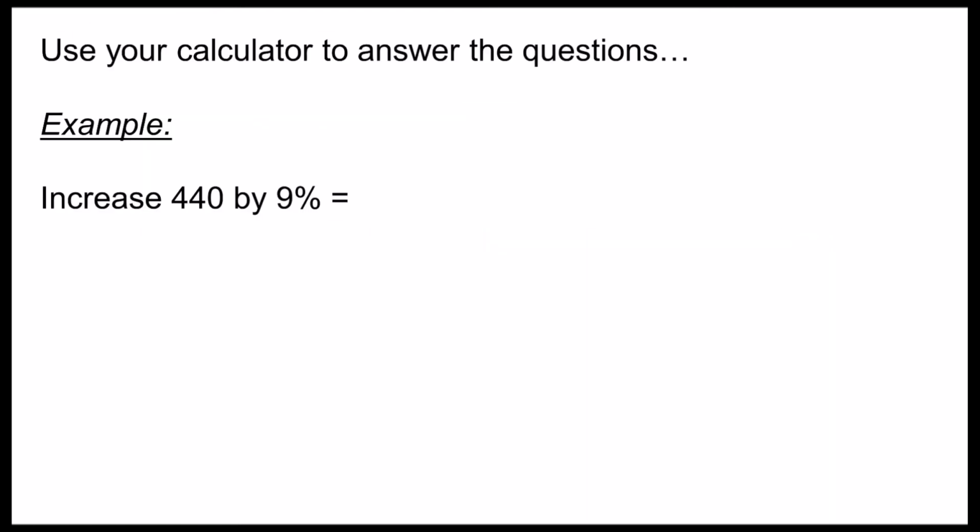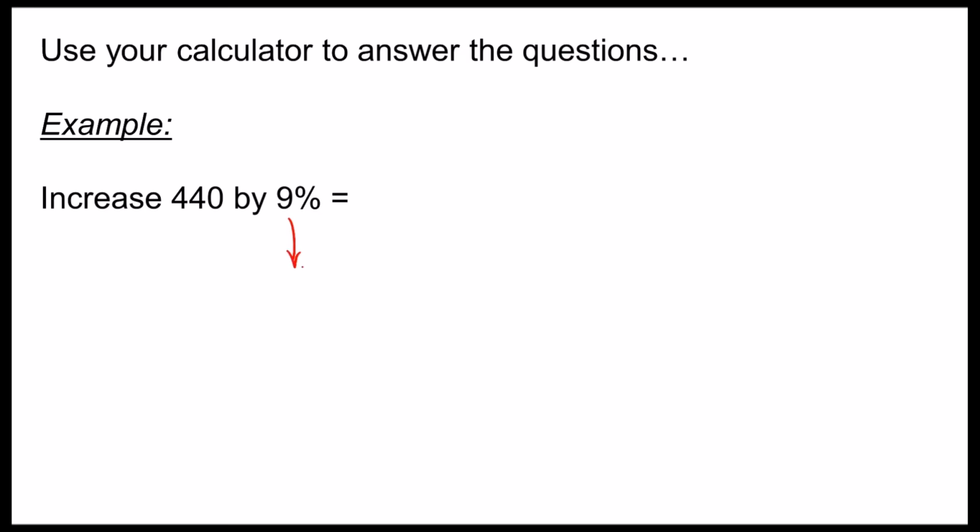The last part of this lesson is thinking about how we apply these percentage multipliers to specific increase and decrease questions. Let's start off by having a look at this percentage increase question just here. I'm asked to increase 440 by 9%.